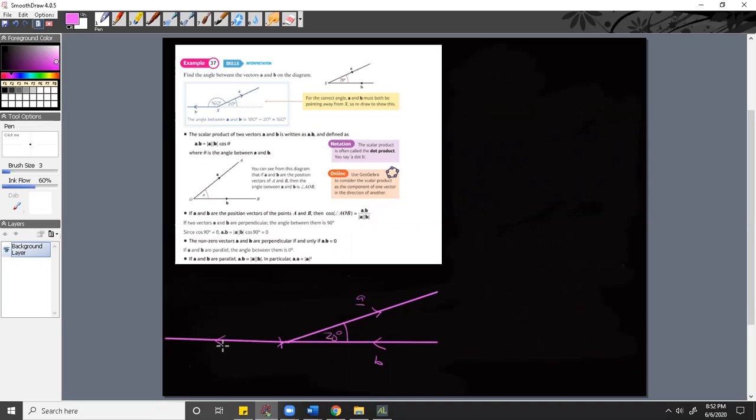And now, because we have A and B both going away from this point here, this is the angle that we can find. And obviously that is going to be 160. So that's quite important that you bear that in mind. But the rest is just really straightforward. So we'll move on to the next example now.